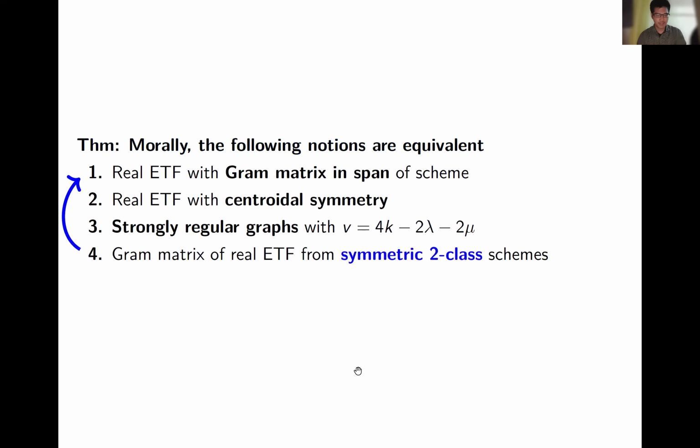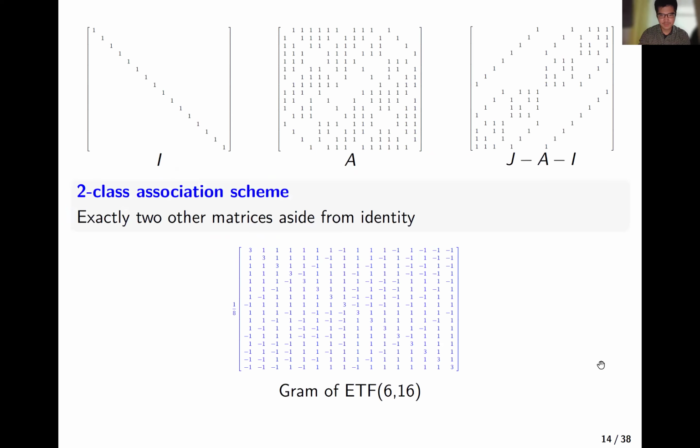So first things first, if I get the Gram matrix of a real ETF from what's called a symmetric two-class scheme, in other words, it's a sum of idempotents of a two-class scheme, then it can be obtained as something in the span of the association scheme. Now, this is really just a problem of terminology.